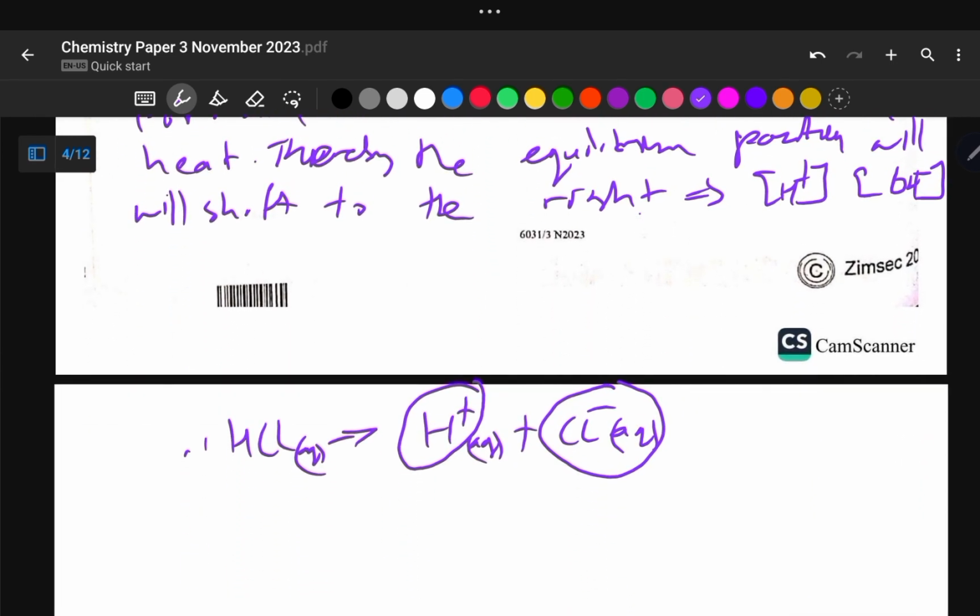So in our explanation, we can say that adding hydrochloric acid will dissociate according to this equation.